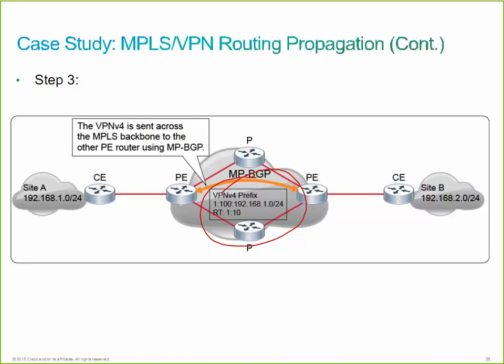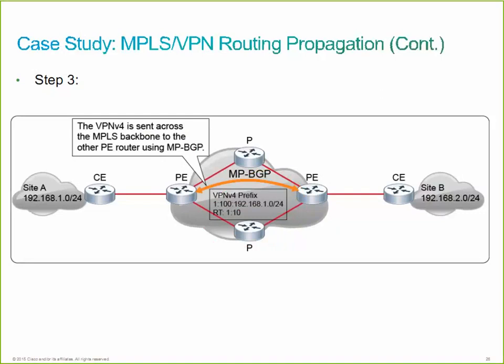It's not actually appended to the route itself, the VPNv4 route, but it is attached to the route. So we know what VRF that route needs to be injected into. That's based on our import and our export route targets.